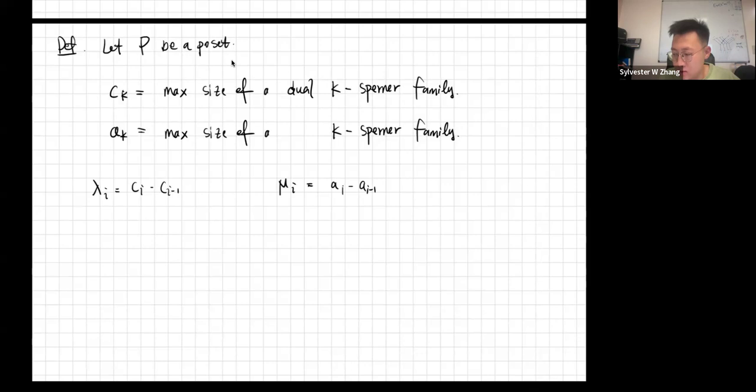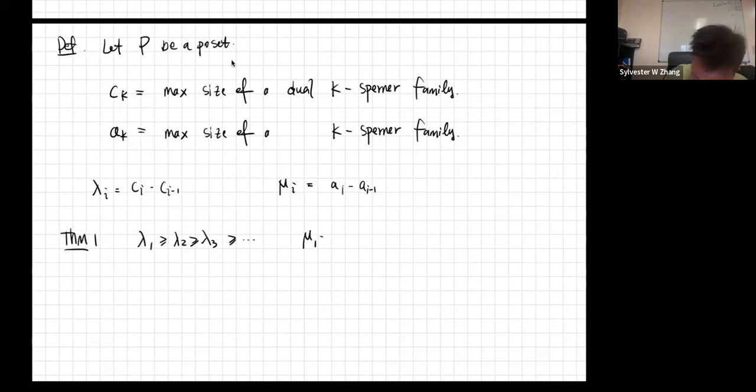So Greene and Kleitman proved some theorems about these numbers. There are two papers: the first is by Greene and Kleitman, and a separate paper by Curtis Greene himself. I'm putting all those results together. Theorem 1: lambda_1 is greater than or equal to lambda_2, so the numbers lambda_i are weakly decreasing.